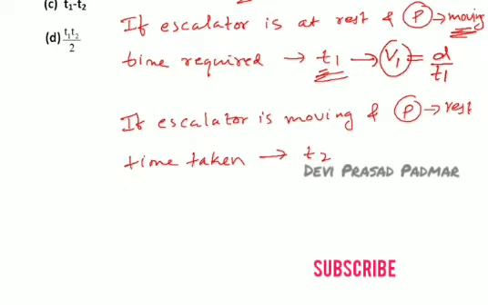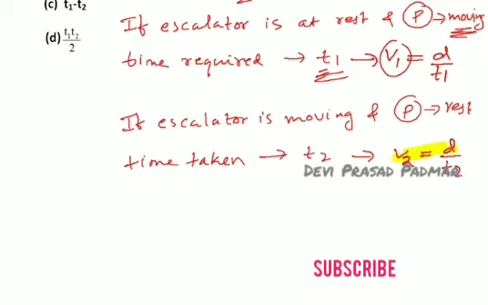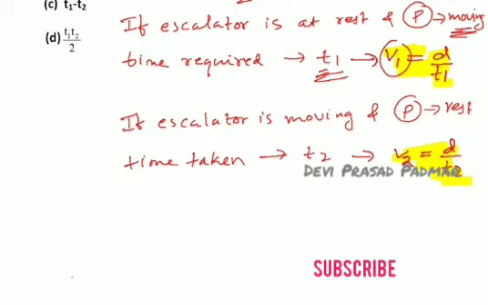Similarly here, let's consider the speed of the escalator as v2. Now v2 can be written as d by t2, right? So you have two equations, v2 equals d by t2 and v1 equals d by t1, where v1 is the speed of Preeti and v2 is the speed of the escalator.